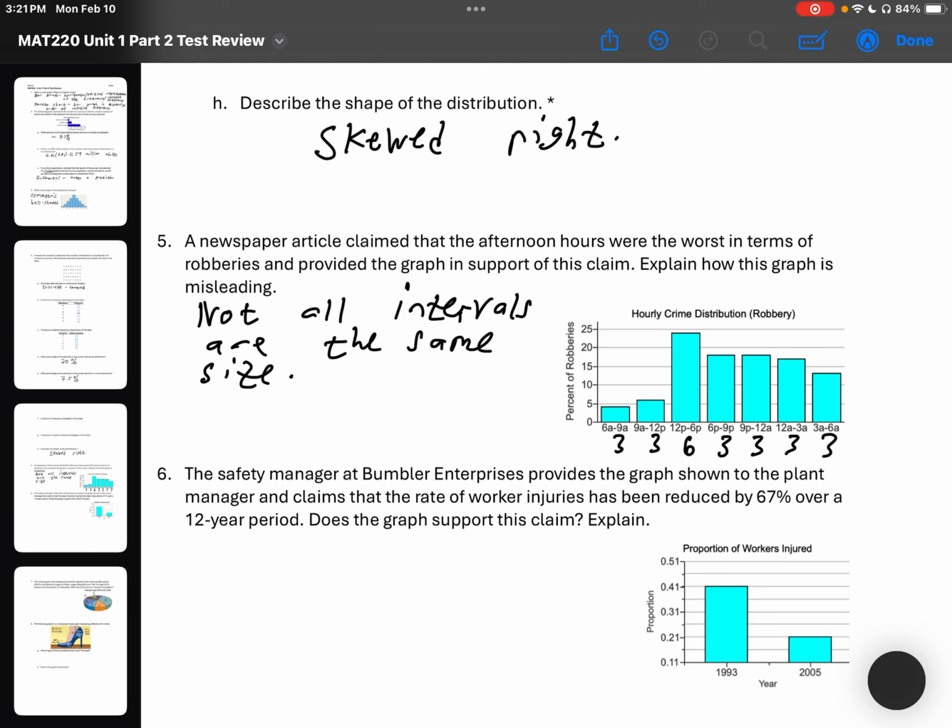That means if you were to fix that issue and split them up into the 2 3-hour blocks, the actual graph may not be the same shape.